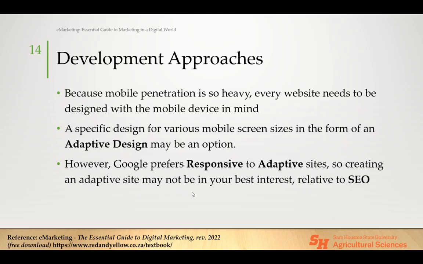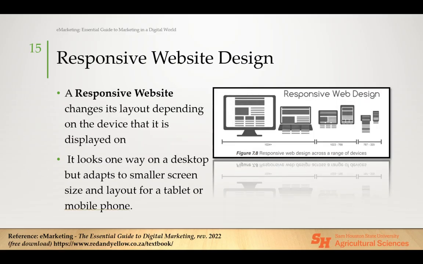However, Google prefers responsive to adaptive sites, so creating an adaptive site may not be in your best interest relative to SEO. A responsive website changes its layout depending upon the device that it is displayed upon.